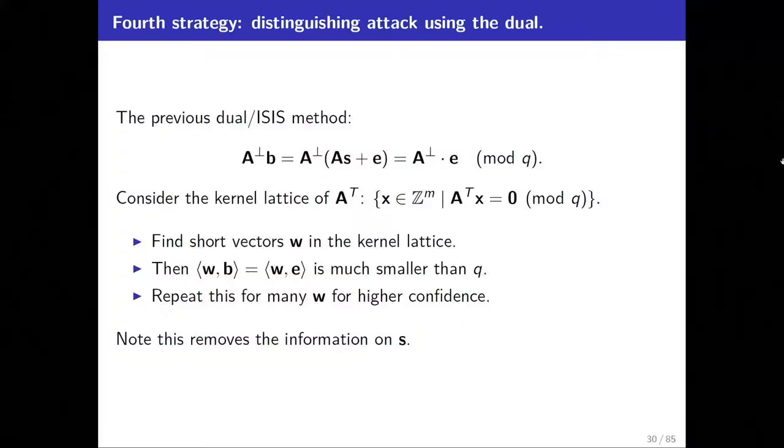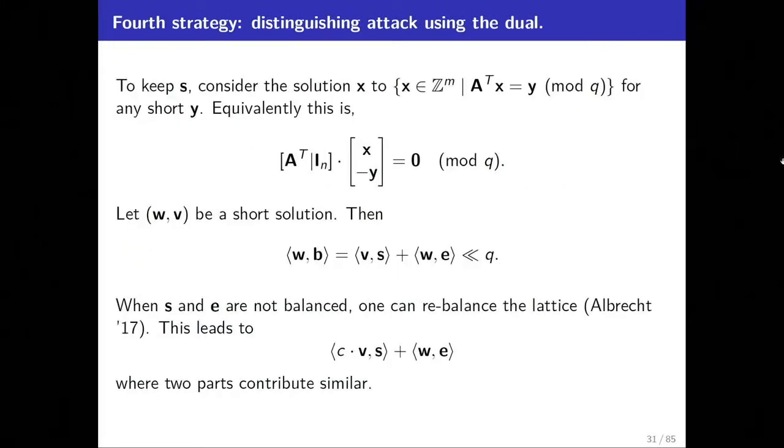WE is the previous thing; in the previous attack, I already had the WE over here. But now, since I do not fully cancel S, but am left with some V, I have V times S. As long as my V is short, then V times S is short. W times E is also short.